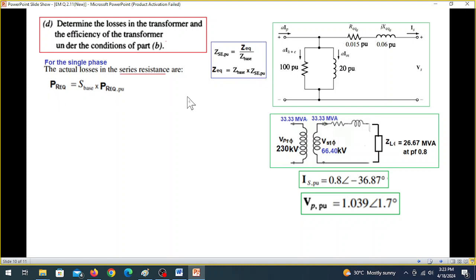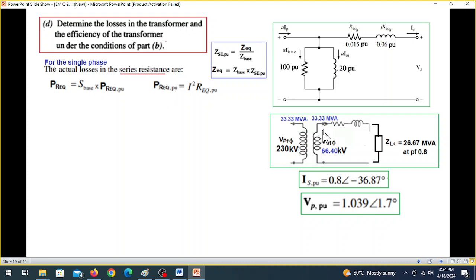Similarly for power. Now remember, power and S are not the same. S is the apparent power and P is the real power in watts. So we want to calculate the loss in watts. We'll multiply S base by P R equivalent in PU. So let's find out P R equivalent in PU.